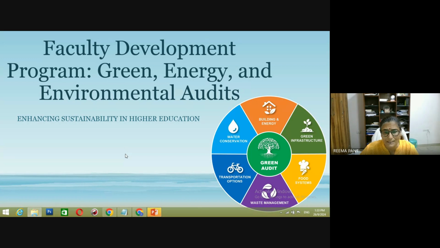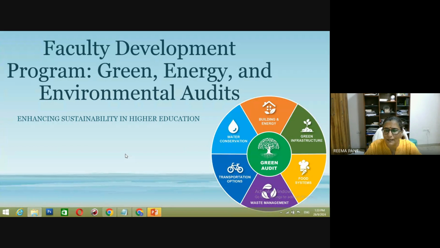We are today going to talk about green energy and environmental audit, which is a very important, or say mandatory audit that has to be done for getting a NAC accreditation. Recently, we've come up with this idea of green energy and environmental audit, and that is a little different because we've never spoken about these things earlier. It is very strange that suddenly this has become one of the very important aspects of this entire system of accreditation.